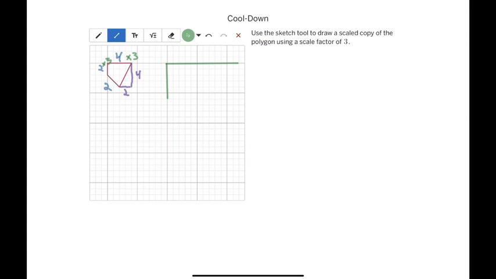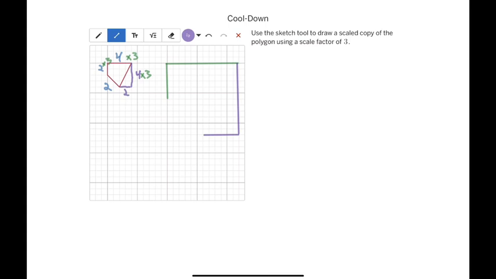Okay, now here's kind of the trick here. This purple that I'm using to help me draw the new copy is 12 down. So I'm going to draw that purple again, going 12 down. 5, 10, 11, 12. It's 2 over. Multiply it by 3, you get 6 over. 1, 2, 3, 4, 5, 6.